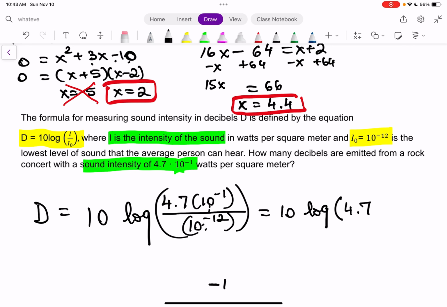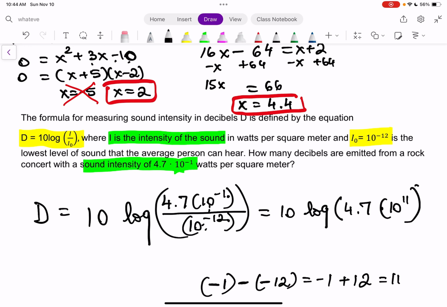So what is negative 1 subtract negative 12, because that's what we're doing. We're taking the top exponent and we subtract the bottom exponent. And so remember how when you subtract negatives, you end up with a positive. So that's the same as 4.7 times 10 to the power of 11. And that's a much nicer thing to type in, just for that simple rule right there.